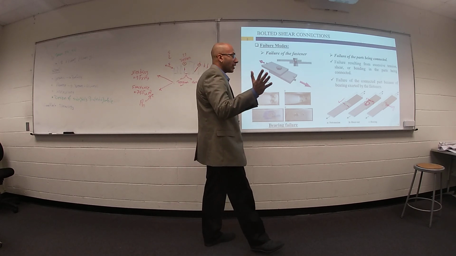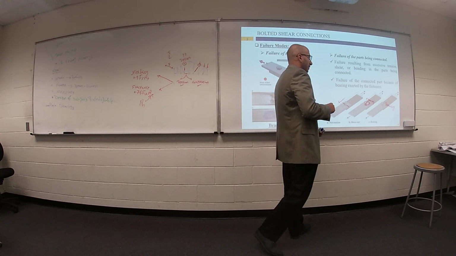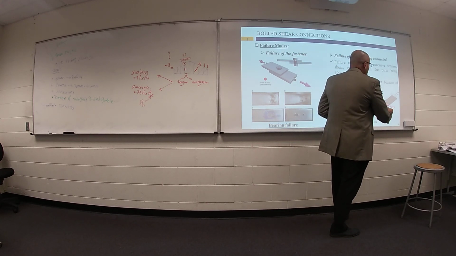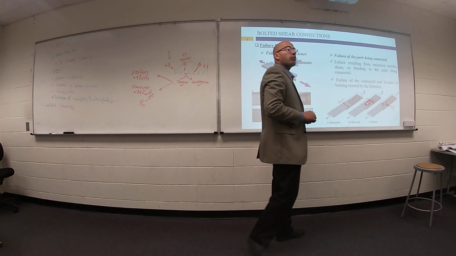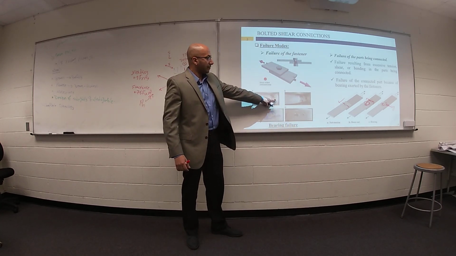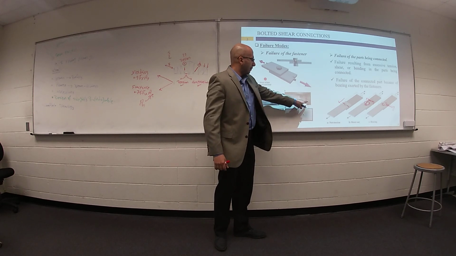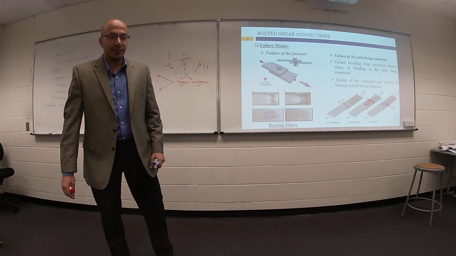Or no fracture will happen, no shear out, but bearing failure. You have excessive elongation in the hole around your bolt. Something like this. Can you see this? Successive deformation of your hole.